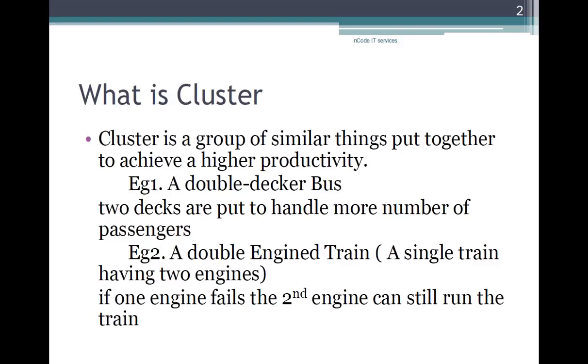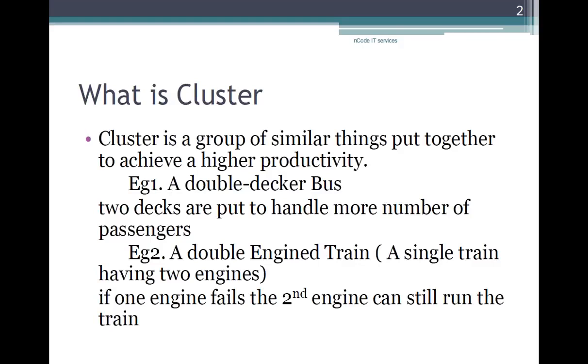This two-engine train obviously has other purposes also: you are going in one direction, you use one engine, you are going the other direction, you use the other engine. But that's another usage. We are looking at the usage where one fails, and the other engine will take up the responsibility.